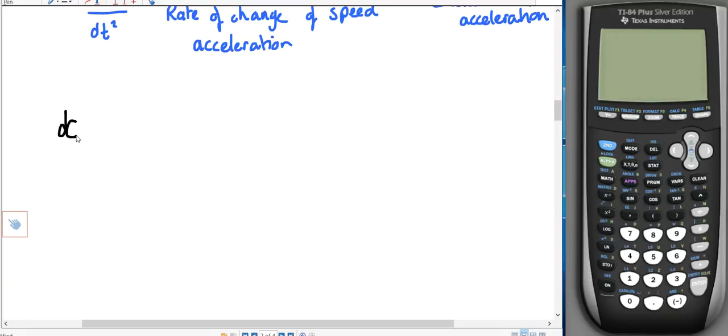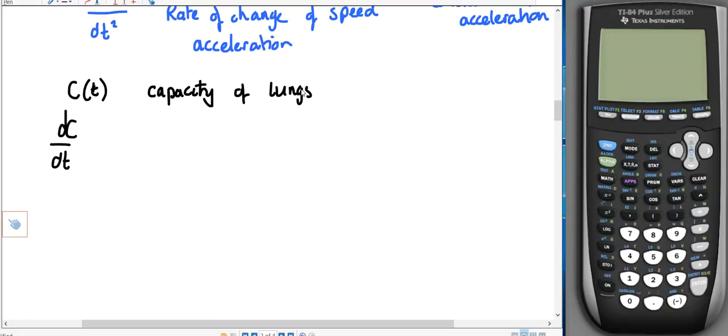they're saying dC/dt. So they are saying C of t, a function of C, is the capacity of someone's lungs over time.